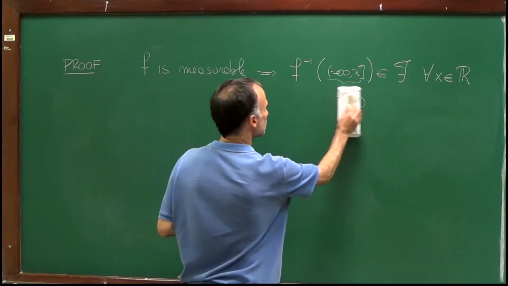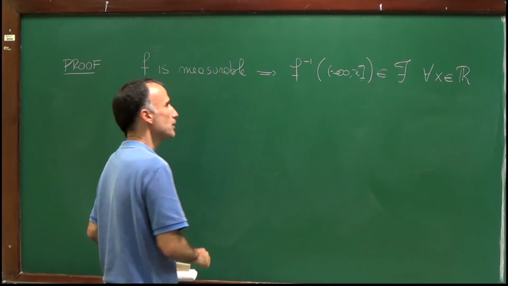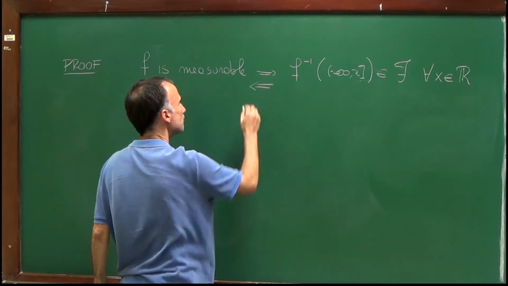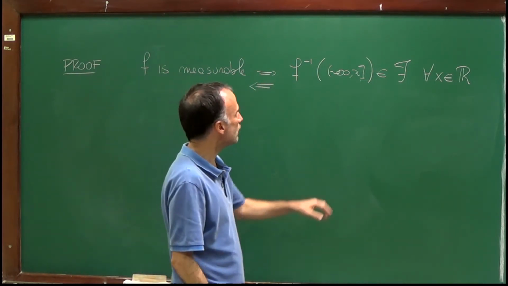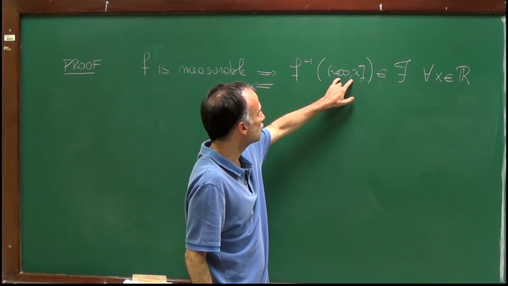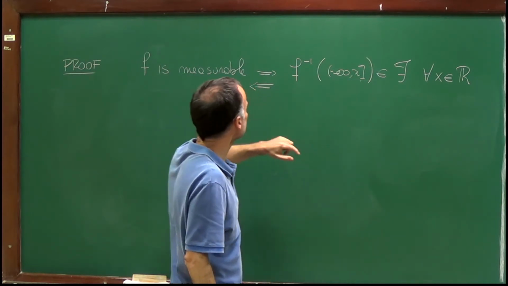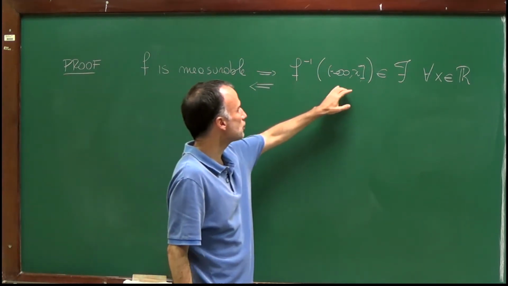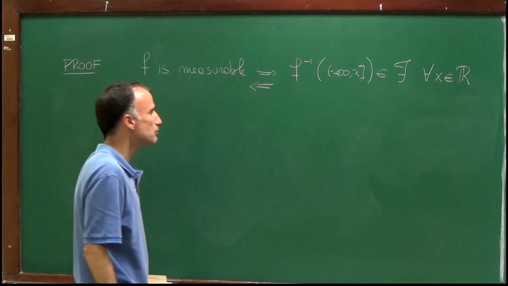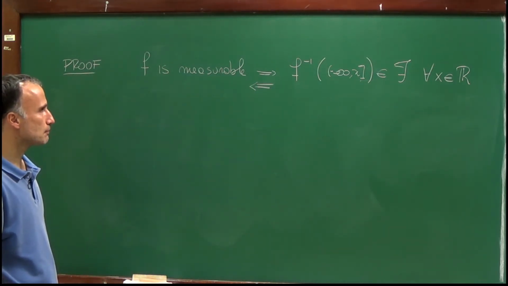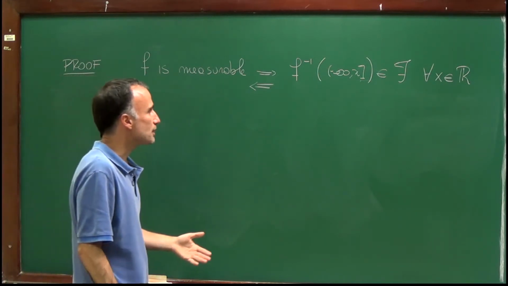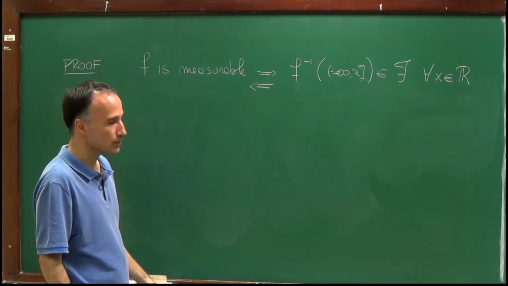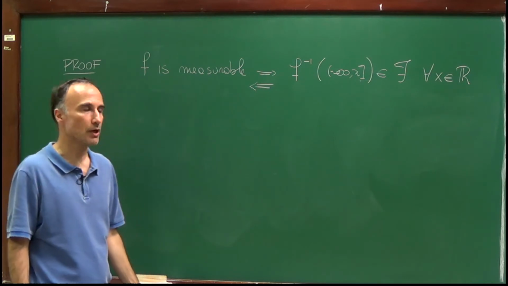So it's the converse statement which requires an argument. Right? So now we know that the inverse image of all these sets is measurable, and we want to show that in fact the inverse image of any set in the extended Borel sigma algebra belongs to F. And the problem is that we don't have a description of the sets which belong to the extended Borel sigma algebra.